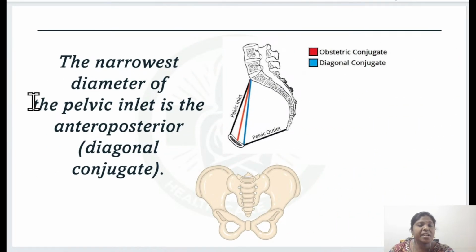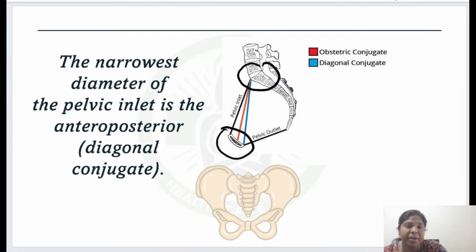Next, the narrowest diameter of the pelvic inlet is the antero-posterior diagonal conjugate. If you look at the narrowest diameter, this is the symphysis pubis bone, this is the sacral promontory. The question is, what is the narrowest diameter in the pelvic inlet? There are almost 3 diameters here: obstetric and diagonal.